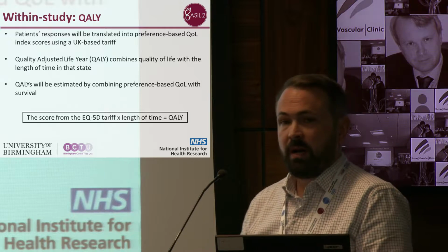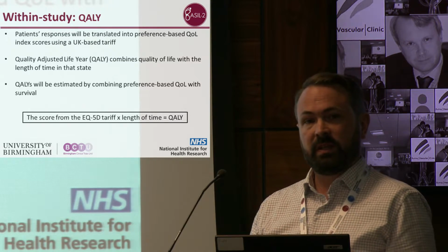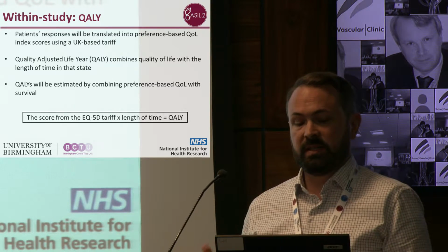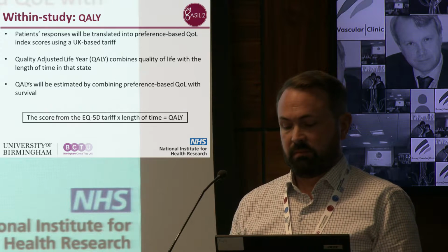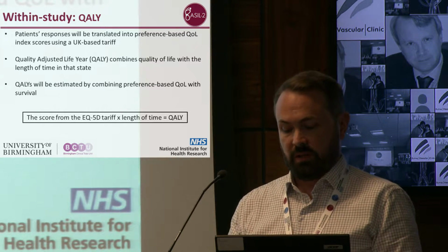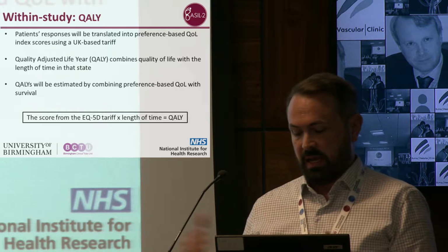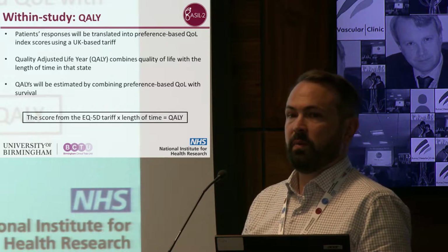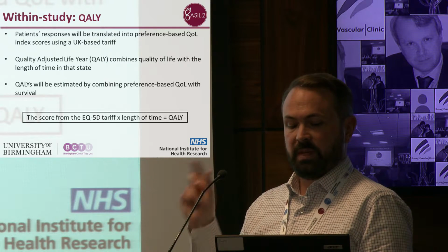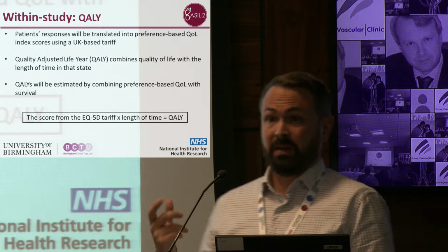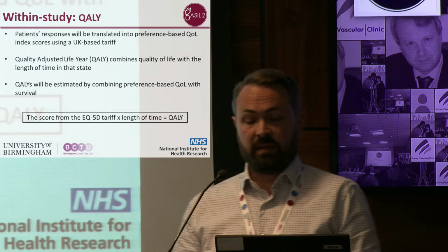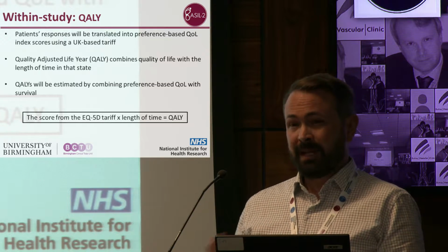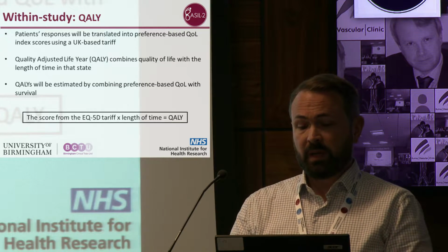These are a way of combining the quality of life with the length of time the person is in that state. So we use the tariff score that we took from the EQ5D, and we multiply that by the length of time that somebody is in that condition, and that gives us the quality adjusted life year.